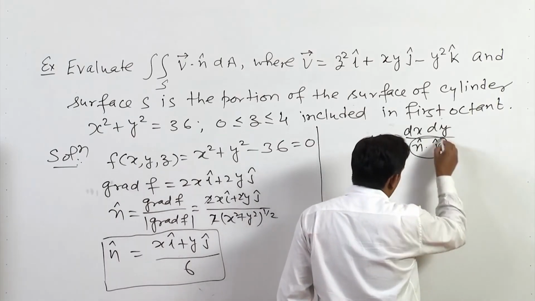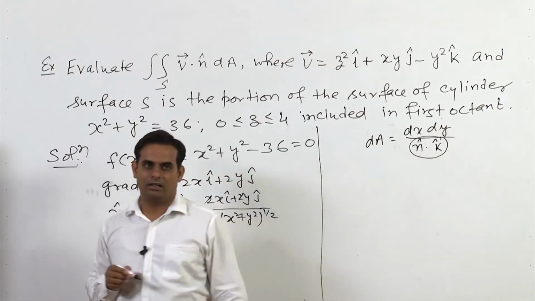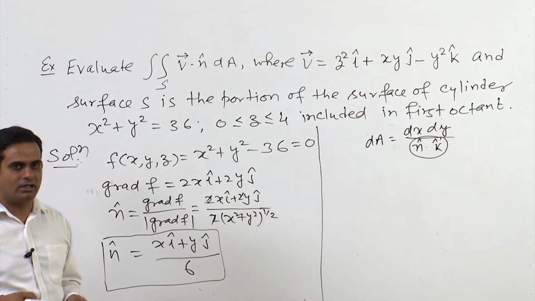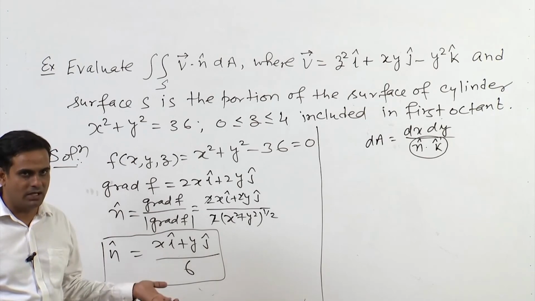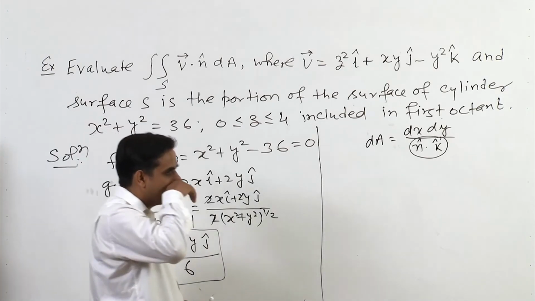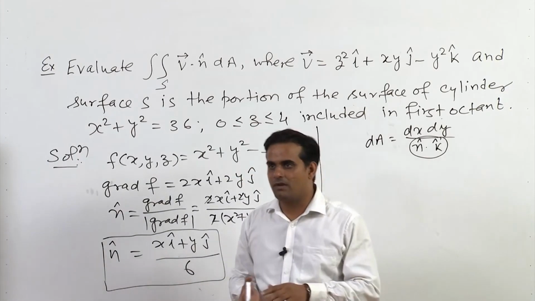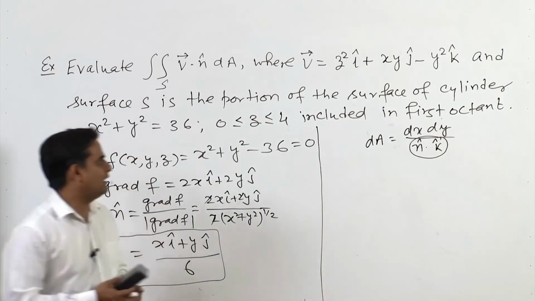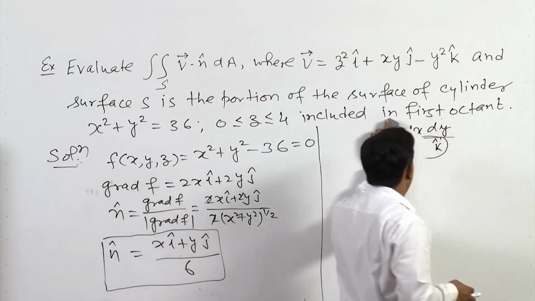So I will get 0 in the denominator, and hence I cannot project this surface onto the xy plane. So what are the options? Either project it on the yz plane or the xz plane. So let us project it on the yz plane.